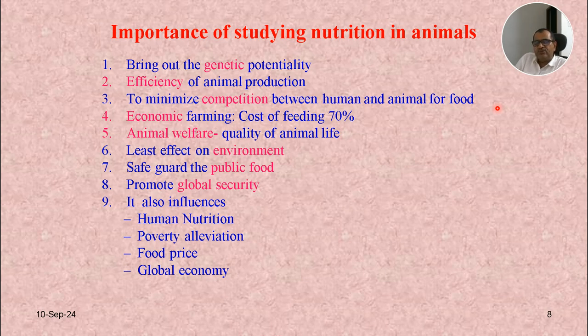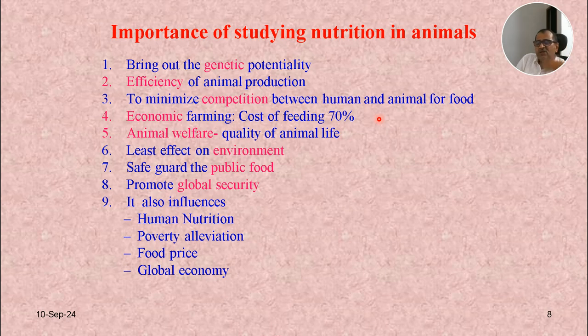So the fourth one is economic farming. Cost of feeding is, to the highest extent, 70%, especially in animal husbandry. The main expenditure will be on the feeding. That's why we have to give a lot of importance to the nutrition of the particular animal.